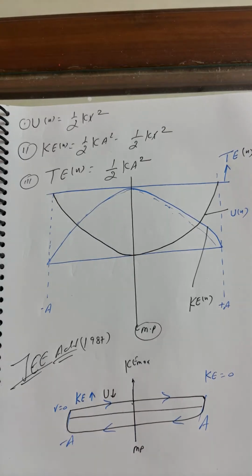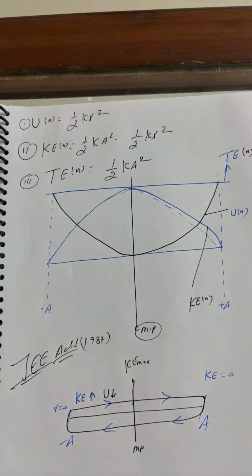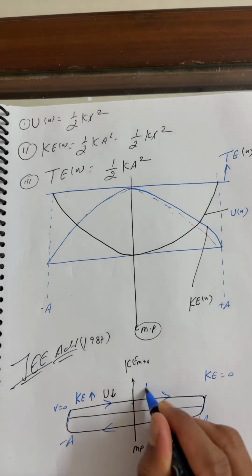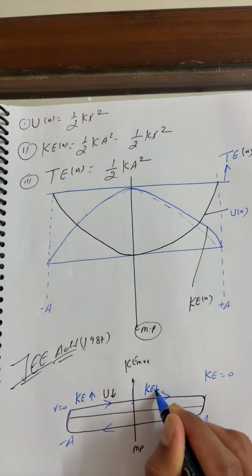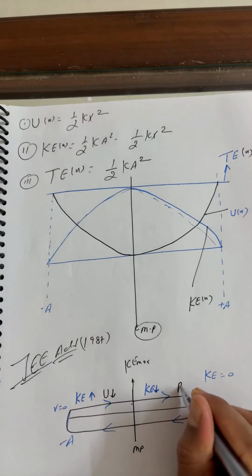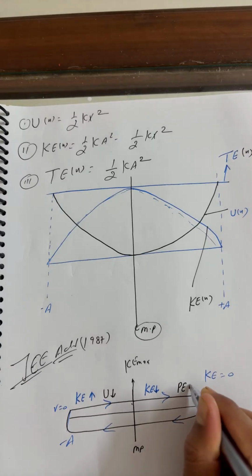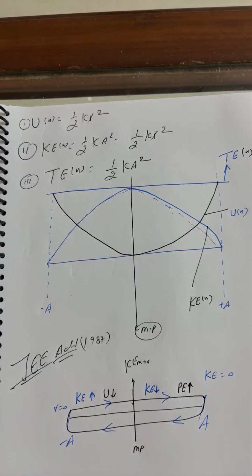Now, once you cross the mean position, kinetic energy started decreasing, and potential energy started increasing. Right, my dear?